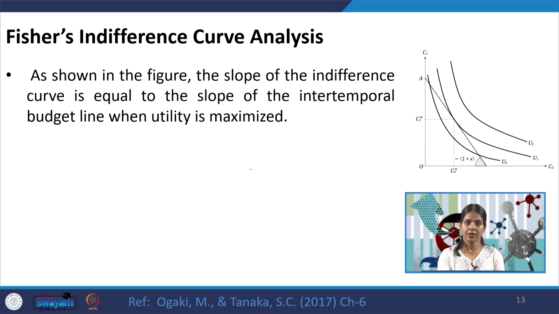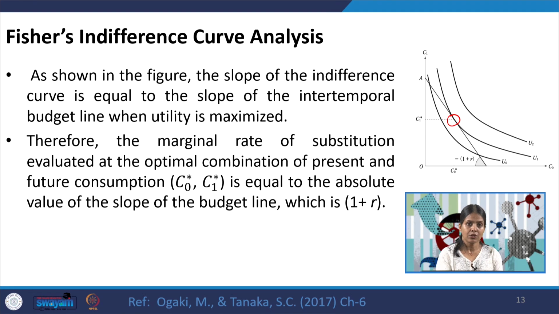As shown in the figure, the slope of the indifference curve is equal to the slope of the intertemporal budget line when utility is maximized. So, at the tangency point, the slope of the budget line and the slope of the indifference curve are the same. Therefore, the marginal rate of substitution evaluated at the optimal combination of present and future consumption is equal to the absolute value of the slope of the budget line, which is 1 plus r.